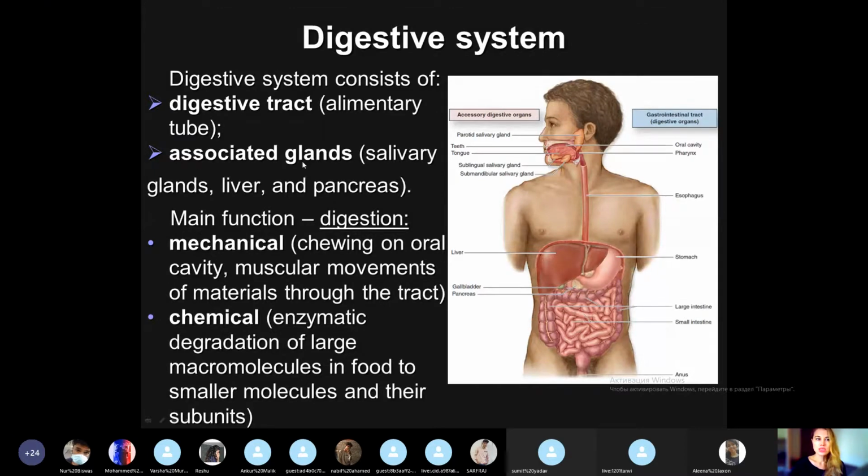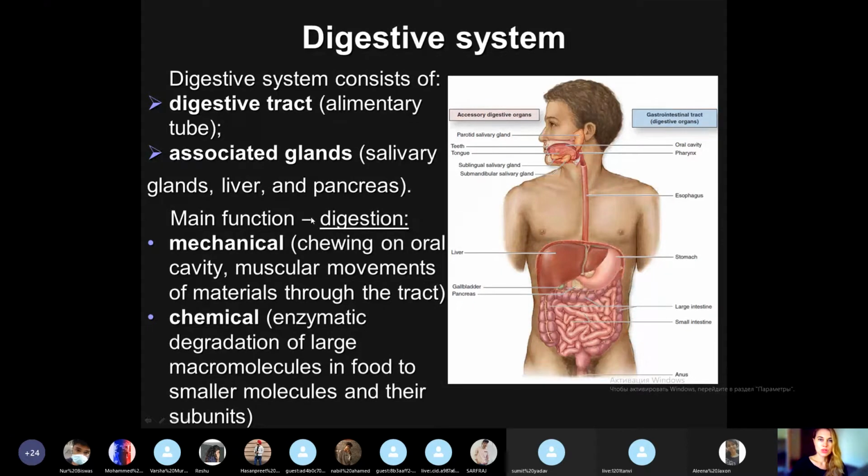And the second component is associated glands, such as the salivary glands, liver, and pancreas, that produce the components for digestion. We are going to talk about these components in detail in the question of the functional digestive system.